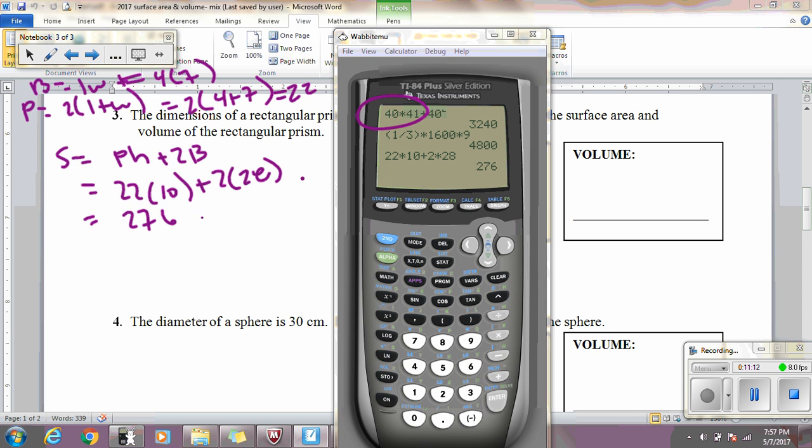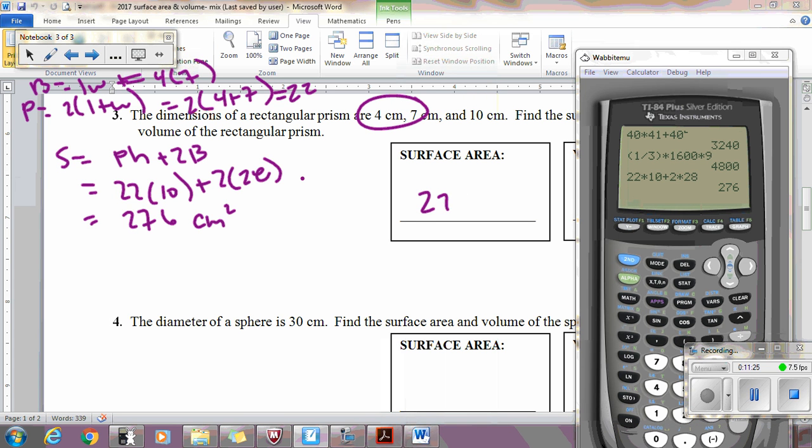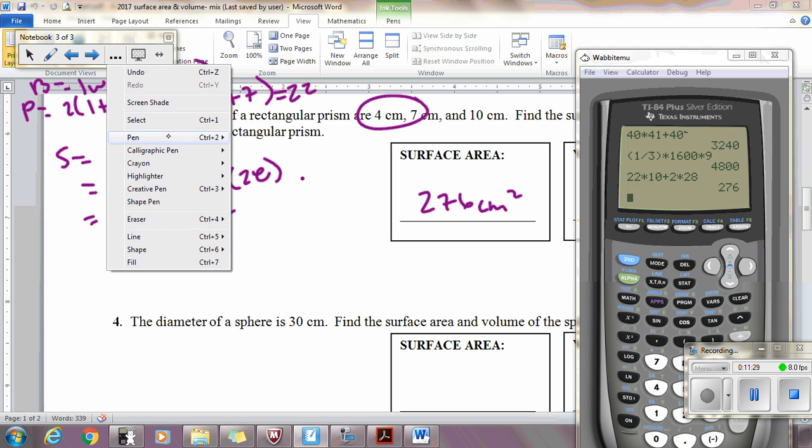And we're still with centimeters, I believe. Yeah. So the surface area is 276 centimeters squared.